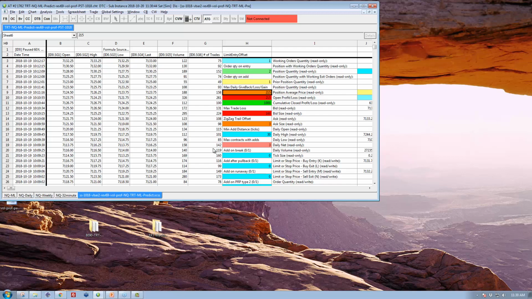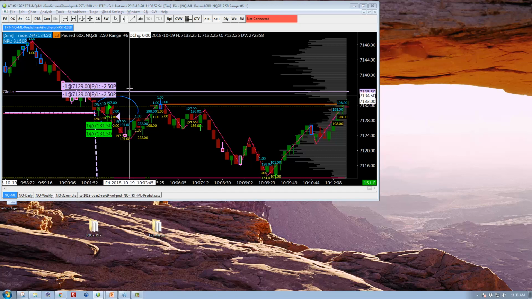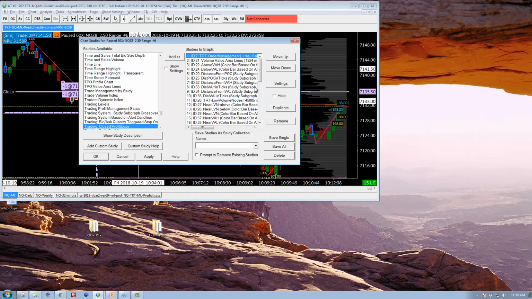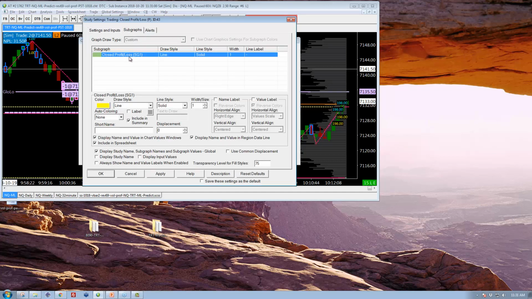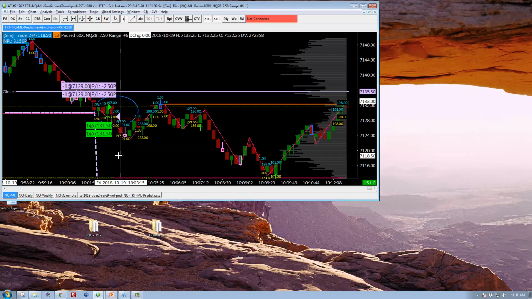It turned out to be not that difficult to do. I need to do a little more testing, make sure my logic is correct. But in Sierra Chart, they have a study called Trading Closed P&L. This value is what the current closed profit and loss is for that market for the day.